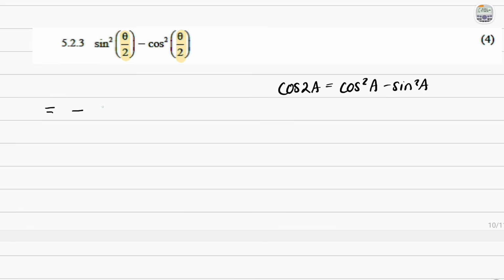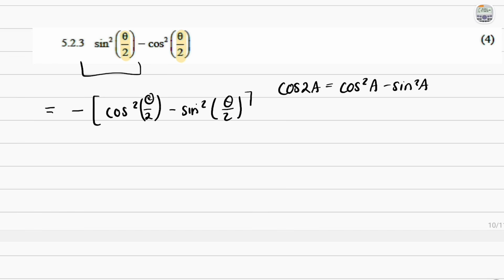If you take -1 out as a common factor from this expression, and then let's just rewrite the cos squared first. So if you divide this by that -1, they become positive, and now it's positive cos squared theta over 2, okay? And then we're also going to divide this by that -1, and now it's negative sine squared theta over 2.